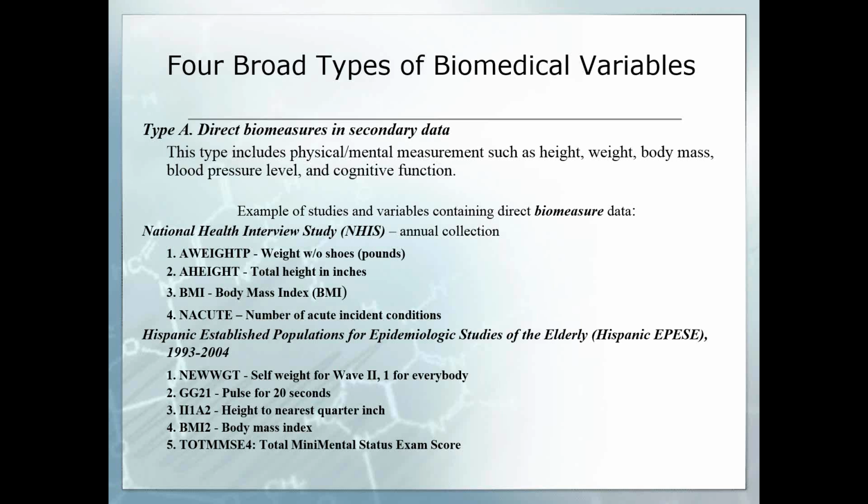A more specific example would be the Hispanic EPESE, which looks at epidemiological issues among the Hispanic populations in the United States. Similarly, they collect weight, they collect pulse, they collect height, body mass index, mini-mental exam scores. These are all things that are administered to a respondent, but don't require physical intrusion into their body. So we consider these to be biomeasures.